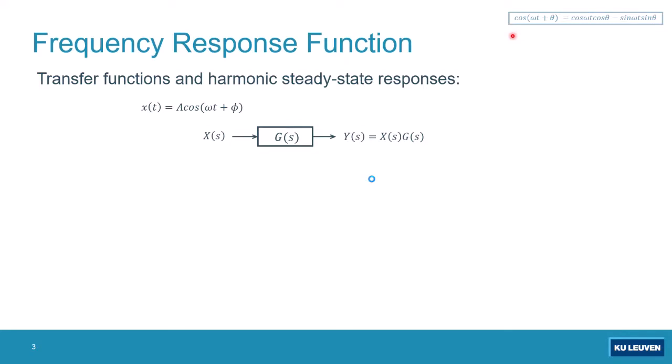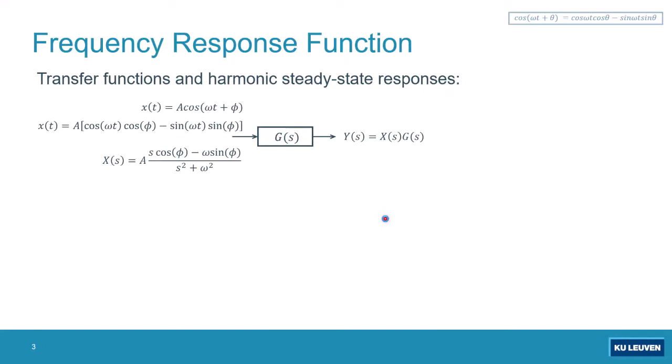Referring to the trigonometry identity where cosine(omega t plus theta) is equal to cosine omega t times cosine theta minus sine omega t times sine theta, I can rewrite this input function x(t) into the following form. That's pretty straightforward. In order to analyze the output of this system due to this input, I first have to convert x(t) into the Laplace domain.